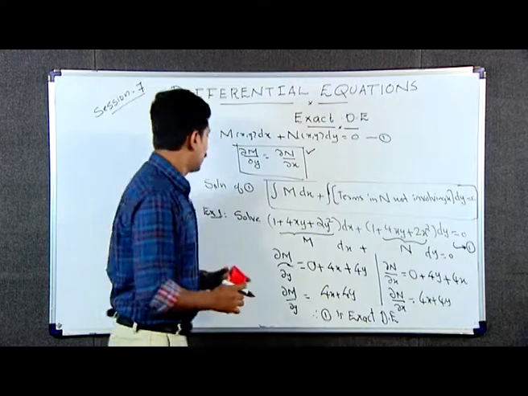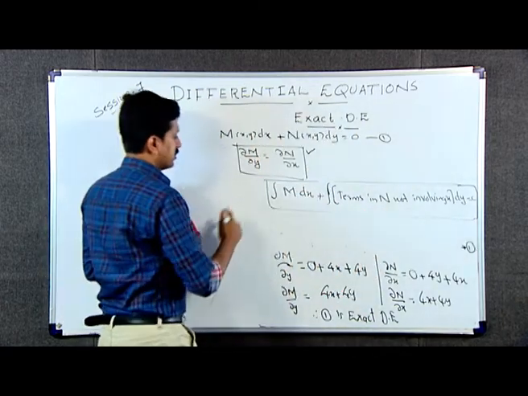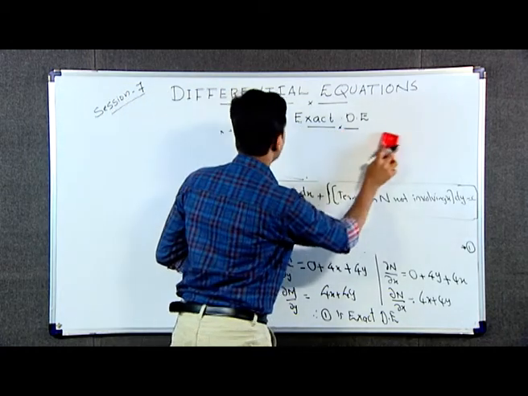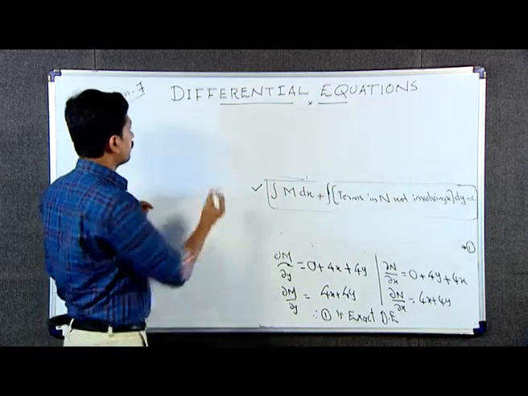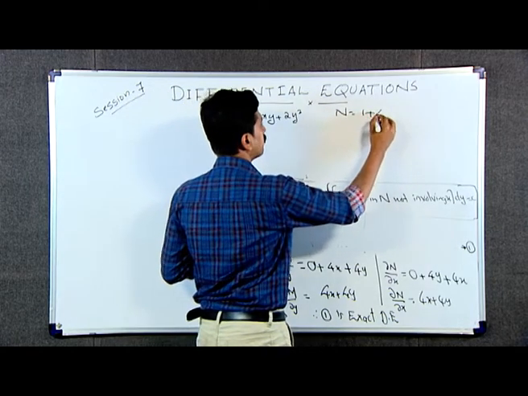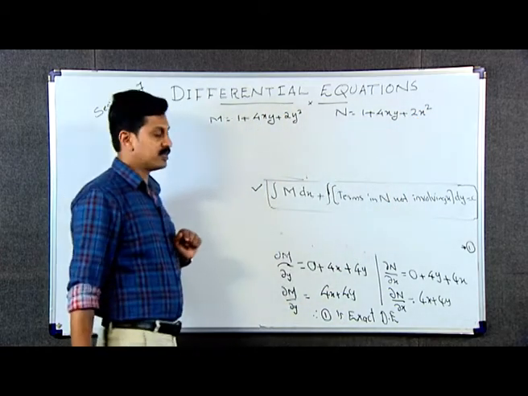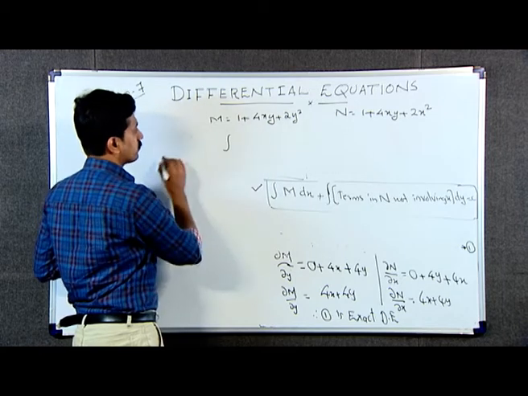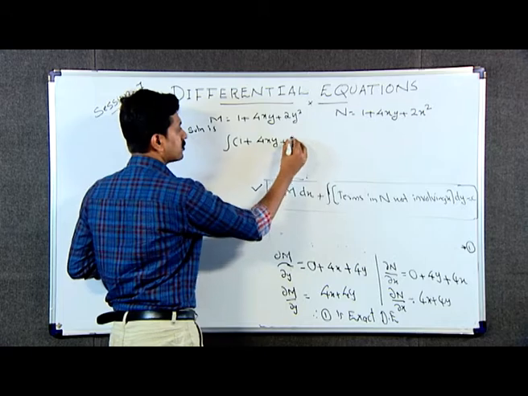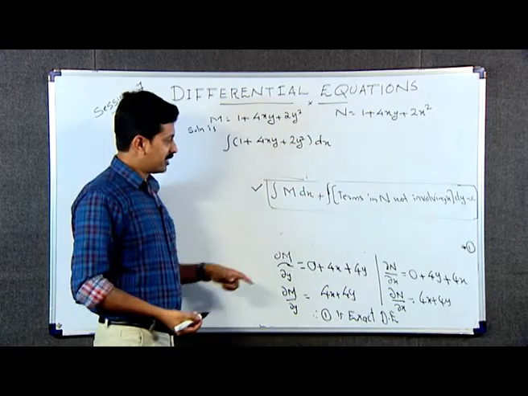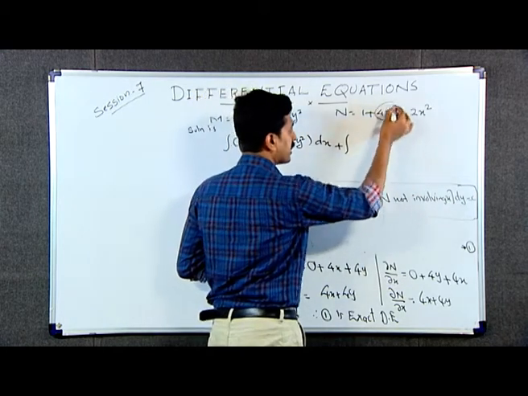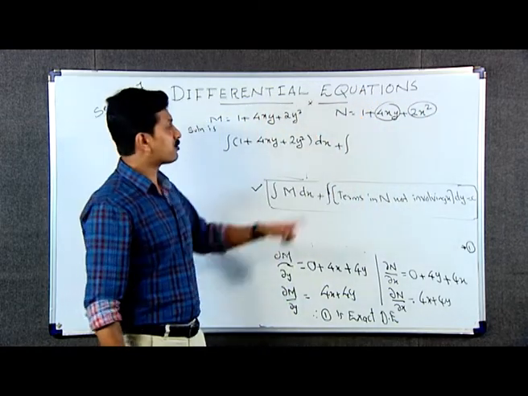Because this is an exact differential equation, we can find the solution using the formula: integral of M dx plus the integral of terms in N not involving x, dy, equals c. Here M is 1 + 4xy + 2y², and N is 1 + 4xy + 2x². Therefore the solution is the integral of (1 + 4xy + 2y²) dx plus the integral of the terms in N not involving x. In N, 4xy contains x, and 2x² also contains x, so we do not take these.